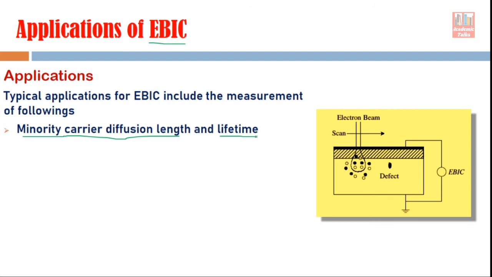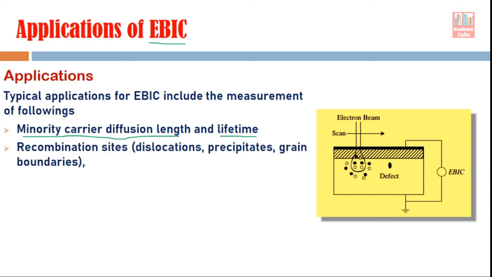And so, if there is any change in the lifetime, that can be detected by a change in the current at that particular location. Now, recombination sites. I told you this kind of defect is a type of recombination center. Recombination sites means any dislocations, precipitates, or even grain boundaries, all of which act as recombination sites.